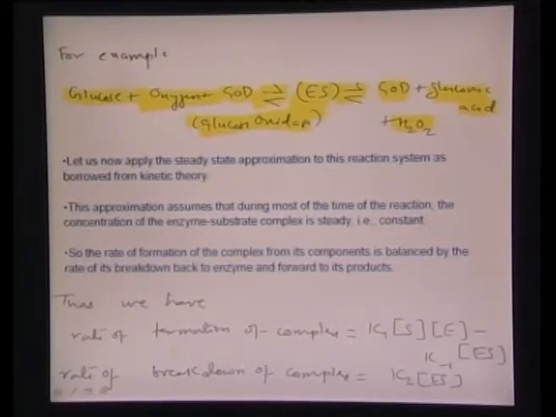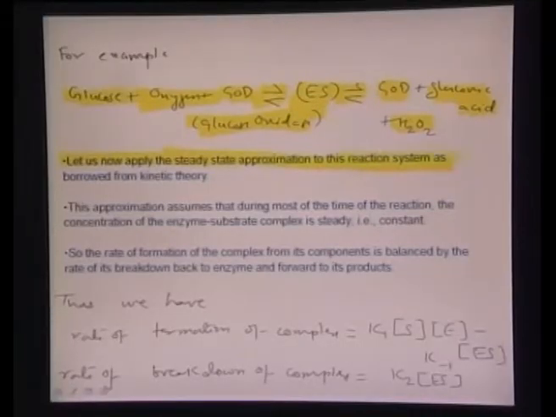Now we want to apply the steady state approximation to this reaction system, as borrowed from kinetic theory. Okay, so we want to find out in terms of concentrations of various substrates, enzymes or enzyme substrate complex what we can really model the rate constants as.